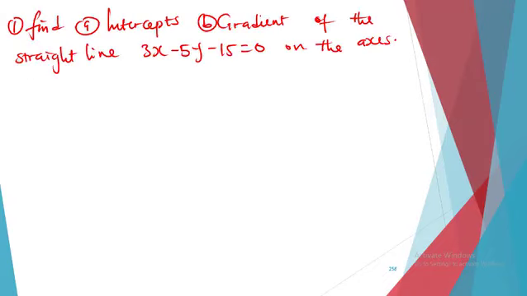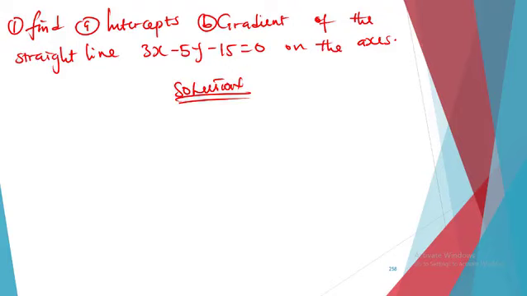Here is a question on the screen. Find the intercepts on the axes and the gradient of the straight line 3x minus 5y minus 15 equals 0. Let us start. Solution.